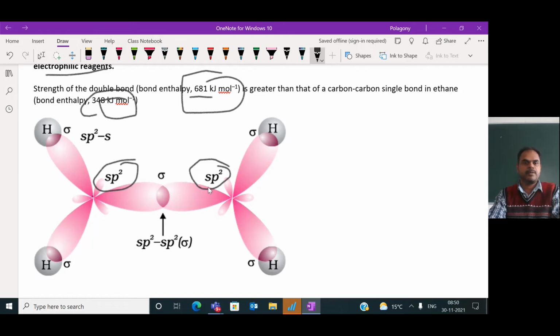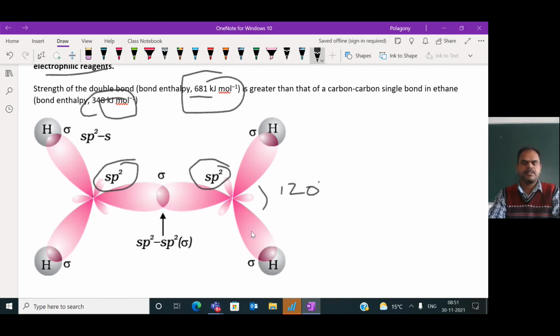In this sp2 hybridization, each carbon produces how many hybrid lobes? Three sp2 lobes. These sp2 hybrid lobes are oriented to maintain 120 degrees, that means trigonal planar, 120 degrees between the adjacent sp2 orbitals.